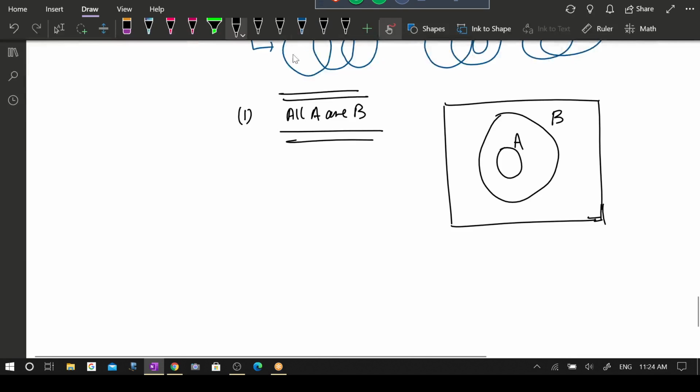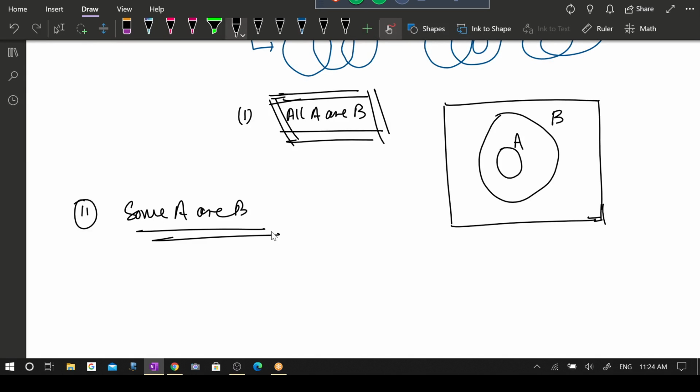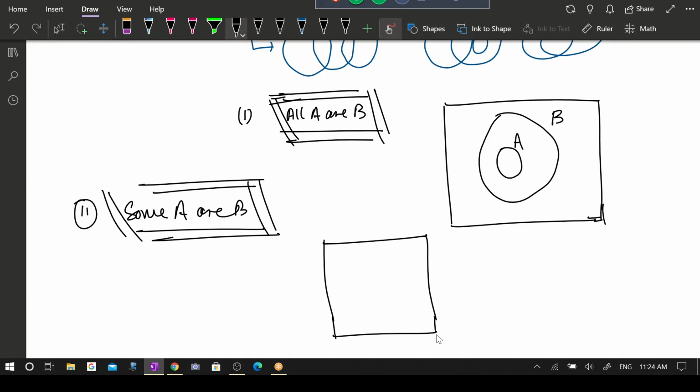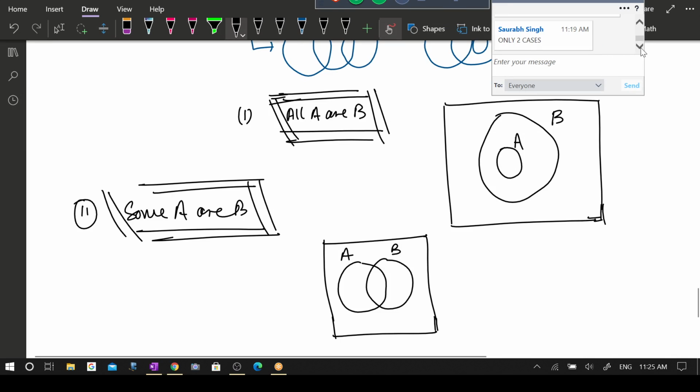And second, some A are B. This is the only possible diagram we are going to talk about. This is called the minimum overlap method.